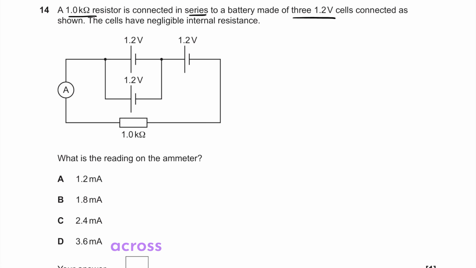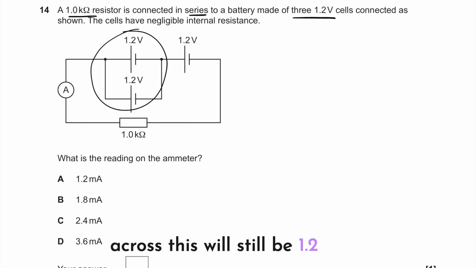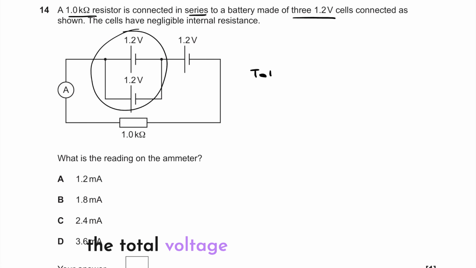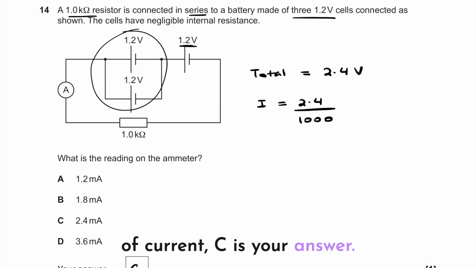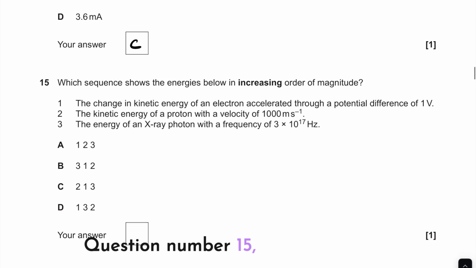The voltage across this will still be 1.2 volts. The total voltage is 2.4 volts. Current is voltage divided by resistance. We will have 2.4 milliamps of current. C is your answer.